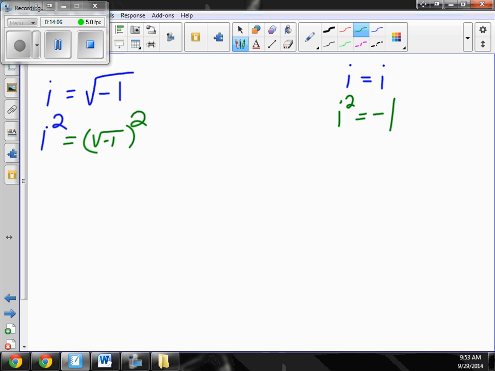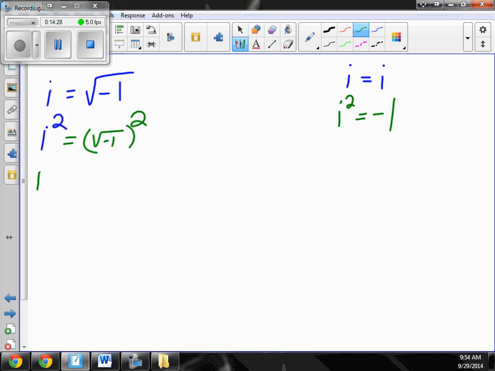So i times i is a real number, which is really crazy, right? Imaginary number times imaginary number equals a real number. Negative square roots are not real numbers.